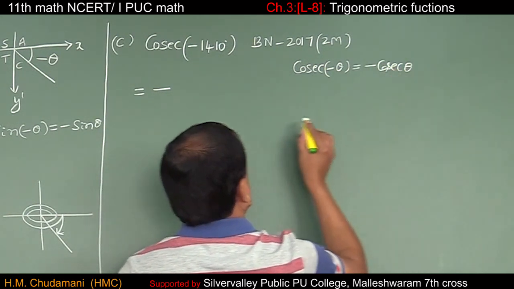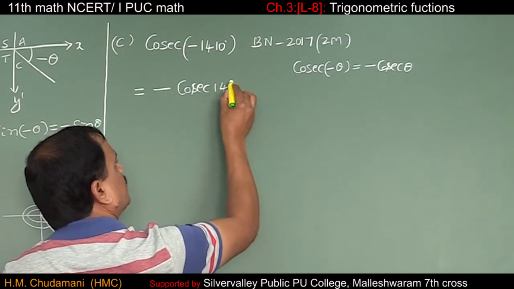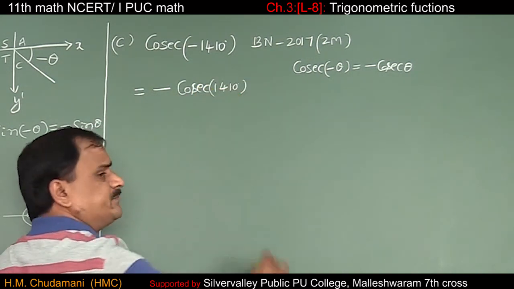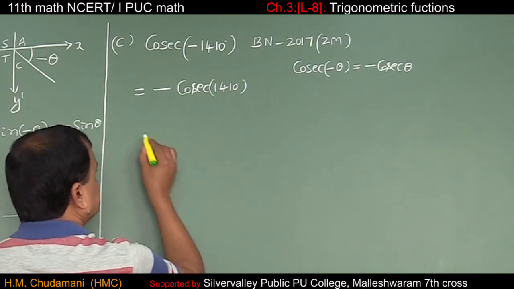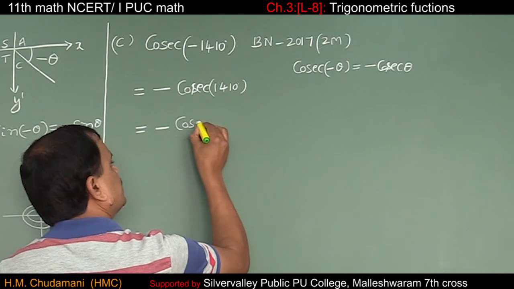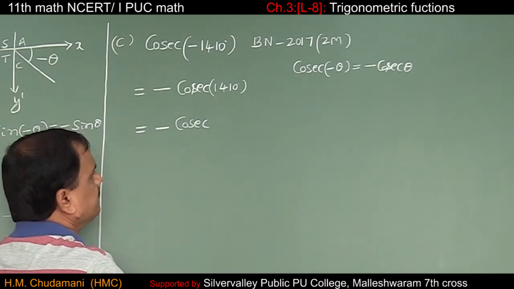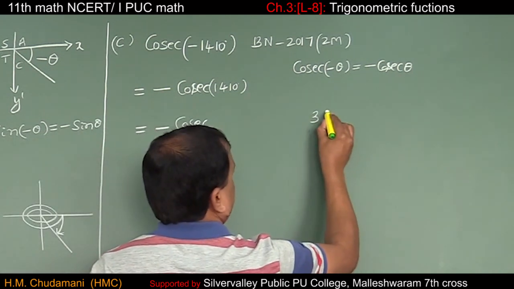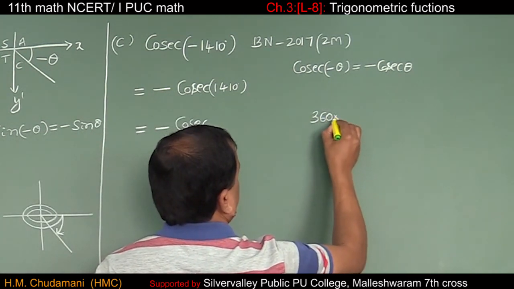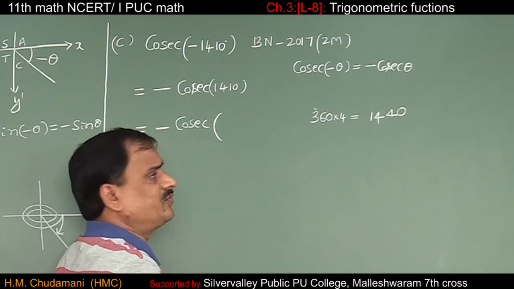Minus cosecant theta, minus cosecant 1410 degrees. Let us write the multiples of 360. 360 into 2 means 720. 360 into 4 means how much? 1440.